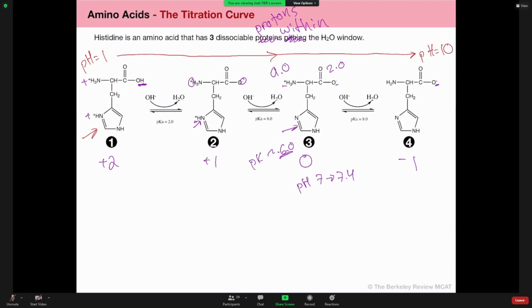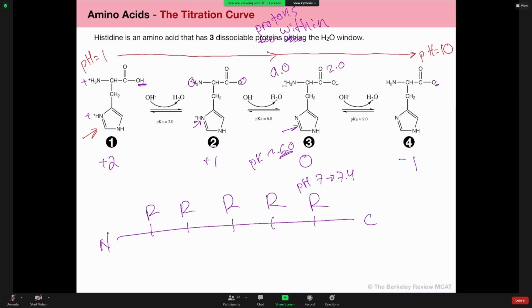And they'll ask this not only for a single amino acid, they're more likely to ask it with an entire peptide chain. So if you have N terminus to C terminus, and you have all these amino acid residues linked to each other, which we're going to start talking about later, if this doesn't make sense to you, don't worry about it. You'll actually have to know the total charge of the peptide based on the pH and the pKa values.